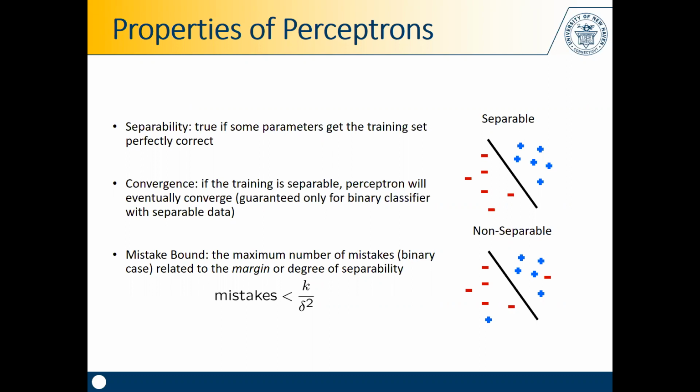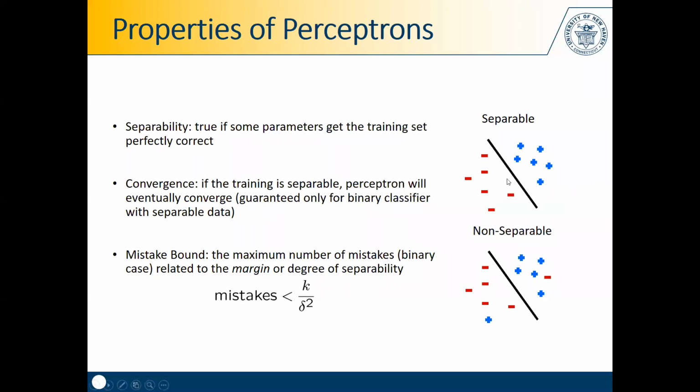How do we know how well it can work? Well, we can actually measure the mistake bound, the upper bound for the number of mistakes that the model can make using this boundary formulation. What does it say? It says the maximum number of mistakes in the binary case are related to the margin or degree of separability. What do I mean by degree of separability?